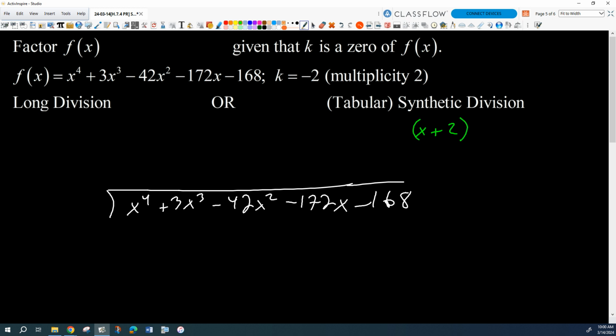X squared, keep going, plus 4x, plus 4x. Remember, can we distribute the exponent there? No, we can't, because those are being added. We have to use the pattern: a plus b quantity squared is a squared plus 2ab plus b squared. There we go. So that gives us x squared plus 4x plus 4. That's what goes outside.